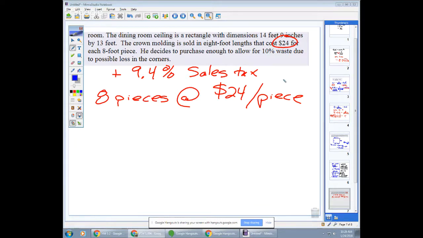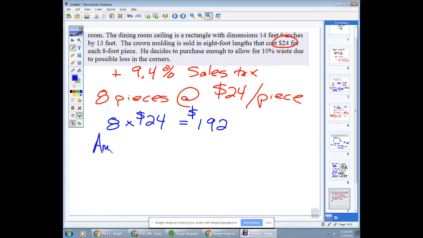So first step, I think, would be to just take 8 times 24. And let's see, what does that give us? That gives us 192. 2 ways to proceed from here. One way is to just multiply by 9.4% and then add that back on.